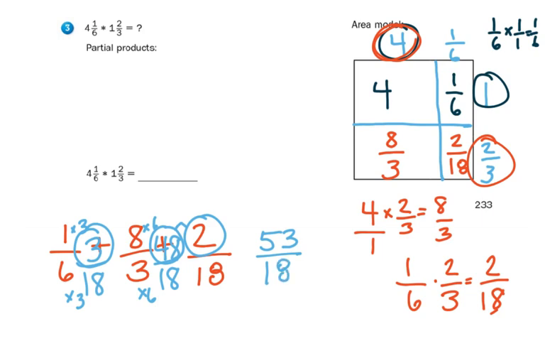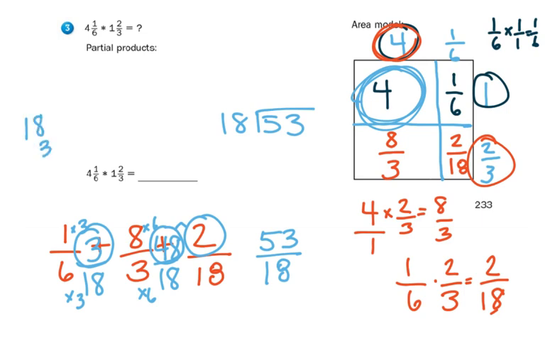My, oh my, do we have a lot going on in this problem. Don't forget, we still have to add this 4 over here. But I have to find out how many 18s are in 53. Would you write that down? How many 18s go into 53?